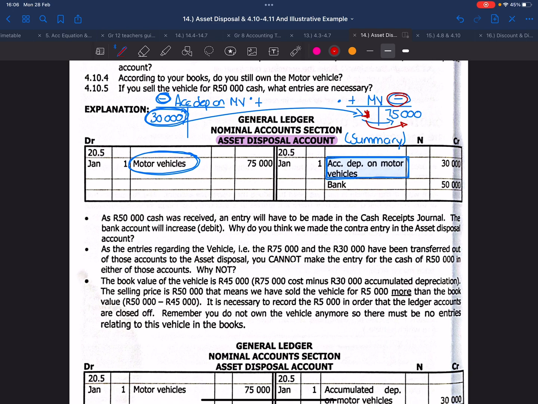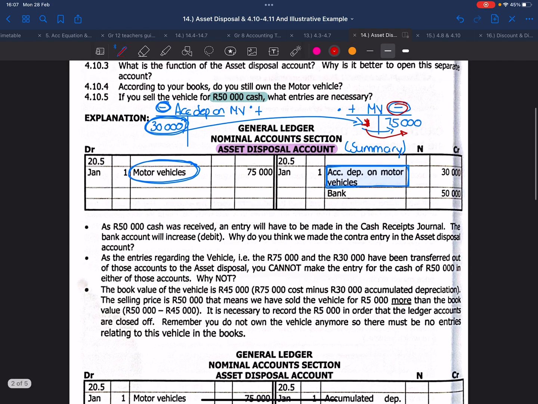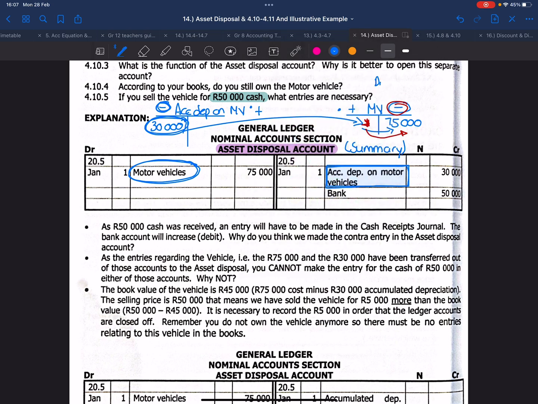If you sell the vehicle for 50,000 Rand cash, what entries are necessary? So if we sell it for 50,000 Rand cash, because we sold it for cash, it will affect our bank. If we had sold the vehicle on credit, it would then affect our debtors control. But in this instance, they want to know what happens if we sold it for cash.